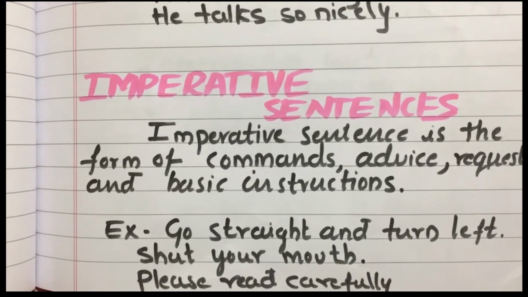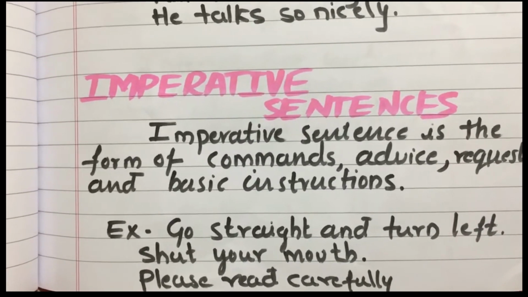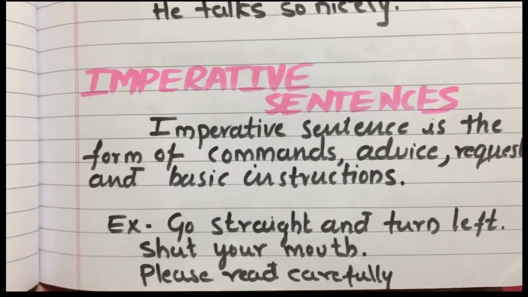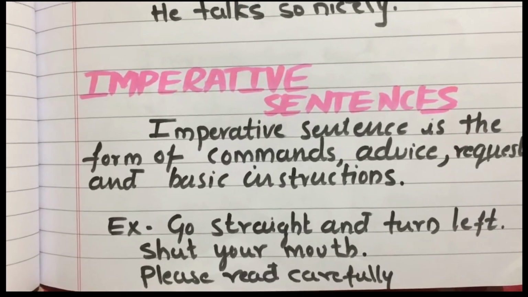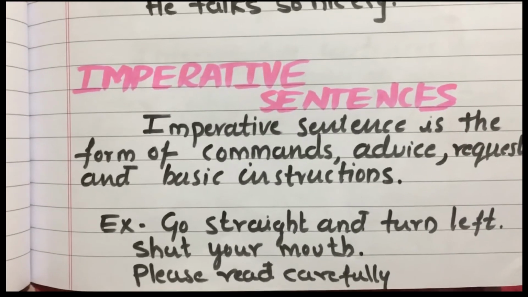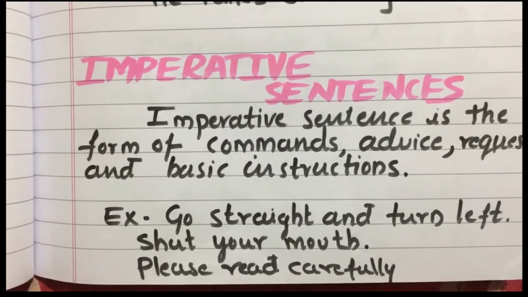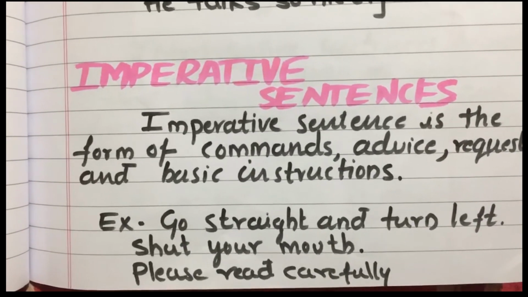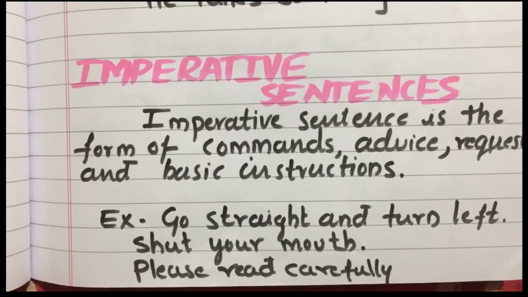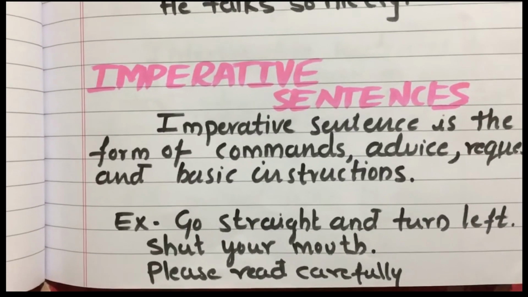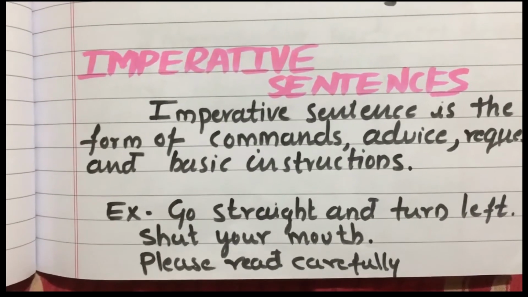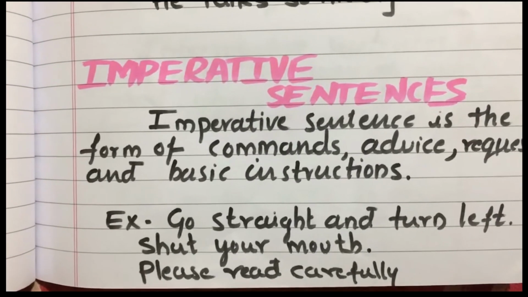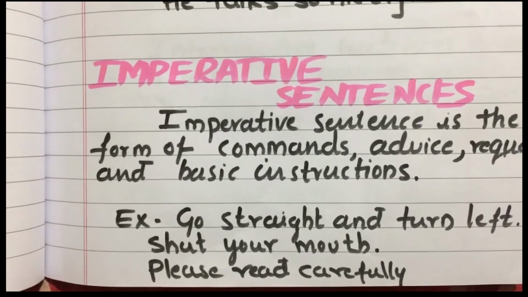Then request: please read carefully. Can you hand over that book to me? Then basic instructions. Which sentence gives us basic instructions? Example: go straight and take a turn, or turn left. Here is another example: shut your mouth, that is a command.